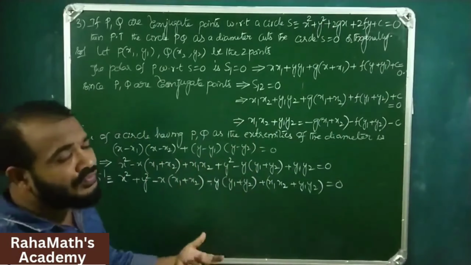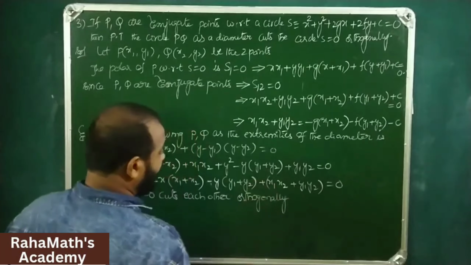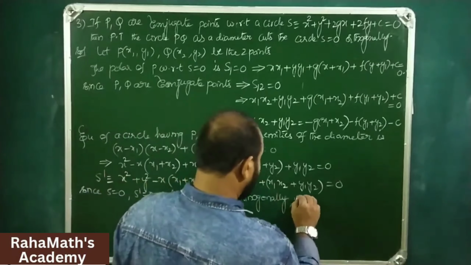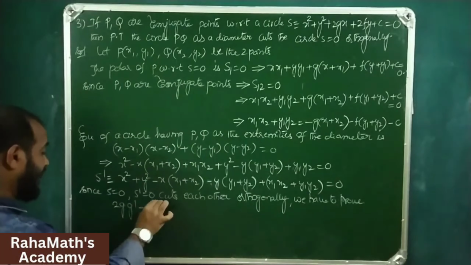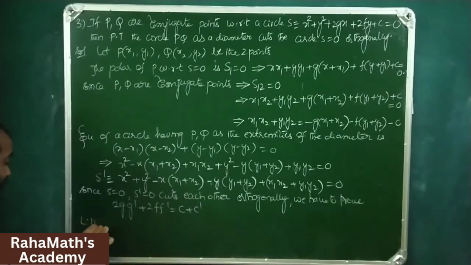Now, since S equals 0 and S dash equals 0 cut each other orthogonally, we have to prove 2gg dash plus 2ff dash equals c plus c dash. So the LHS: 2g g dash.